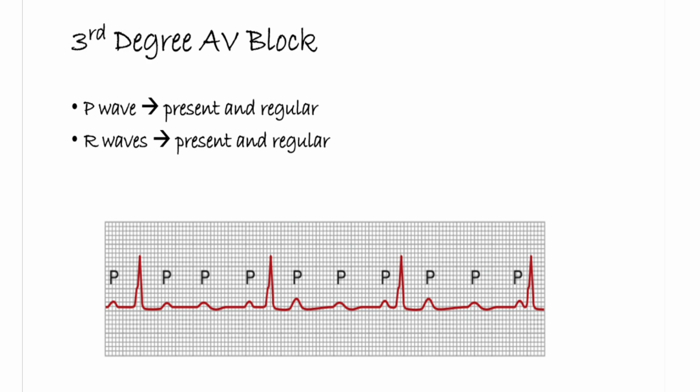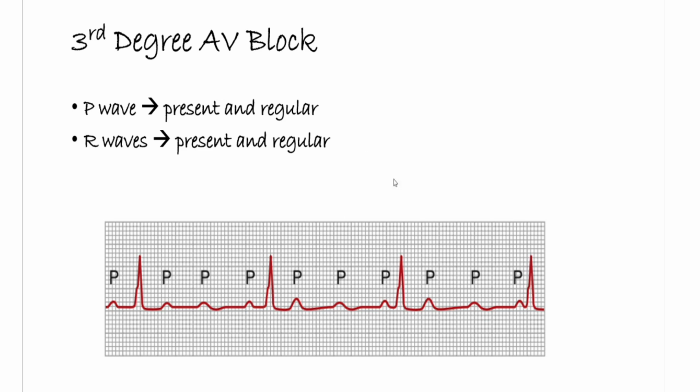and are beating independently, on their own, with their own natural rate. That is controlled most often by rhythmical signals generated distal to the AV node or AV bundle where the block really exists.